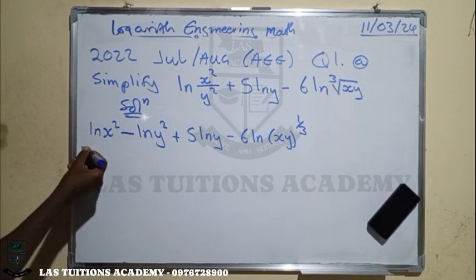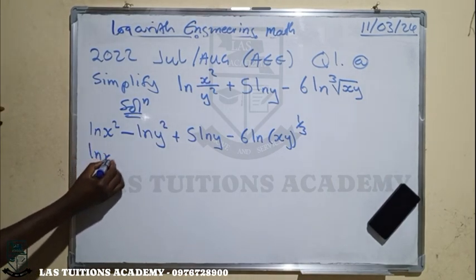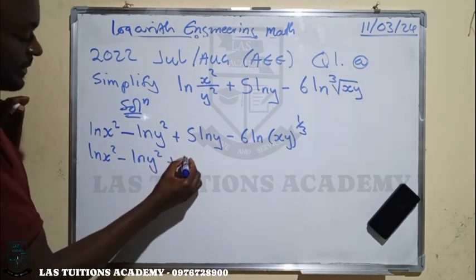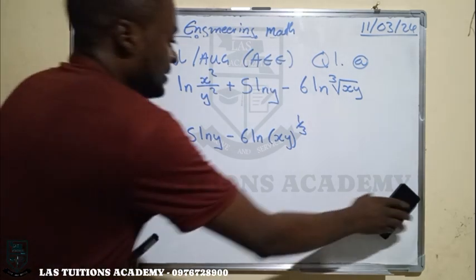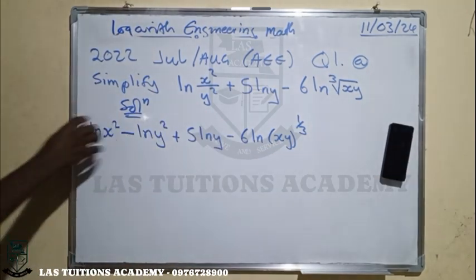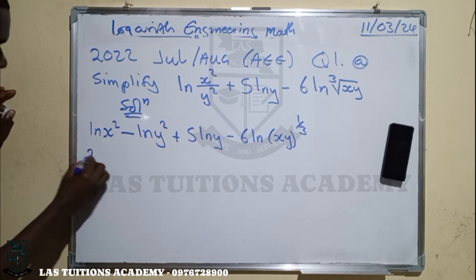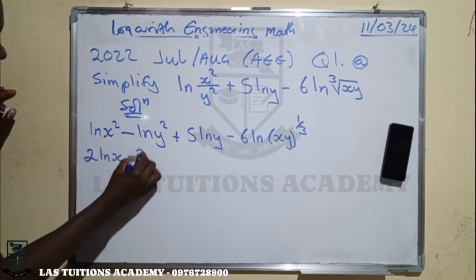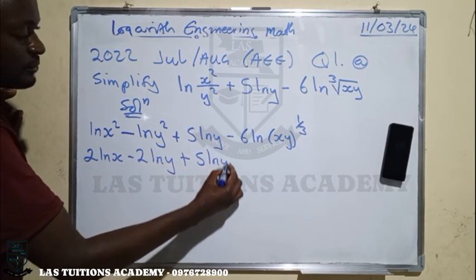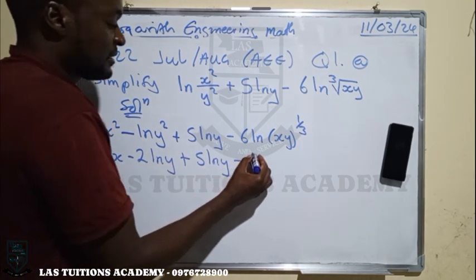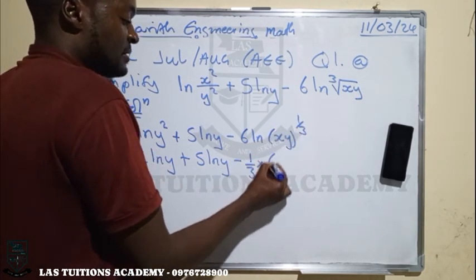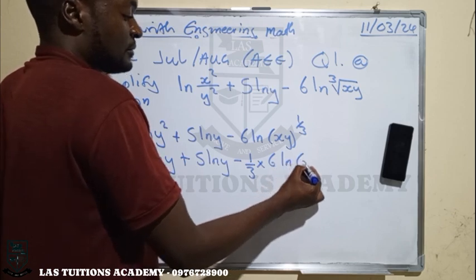So from there we are saying natural log of x squared minus natural log of y squared plus, now let me suggest that we drop the powers. We use the power rule and drop these powers. So I'm going to have 2 natural log of x minus 2 natural log of y plus 5 natural log of y minus 1 over 3 times 6 natural log of xy.